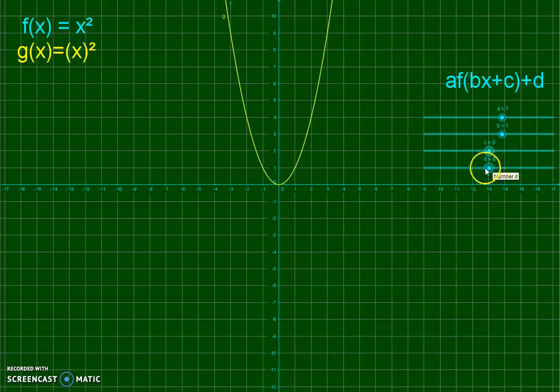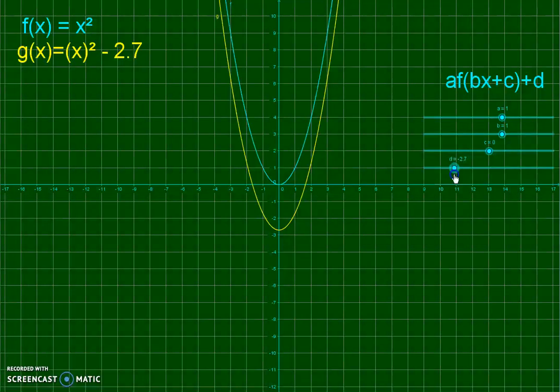If we increase this d to a 1, you can see it shifts the graph up 1 unit, goes up 2 units, and so on and so forth. If we go to the left, decreasing, we go down 1 unit, down 2 units, down 3 units, and so forth. So a positive d shifts the graph up, and a negative d shifts the graph down.